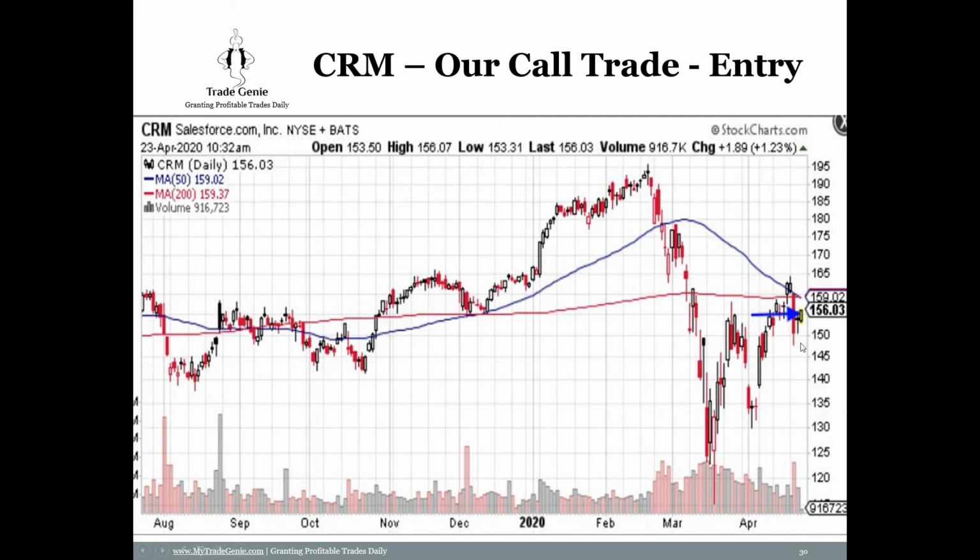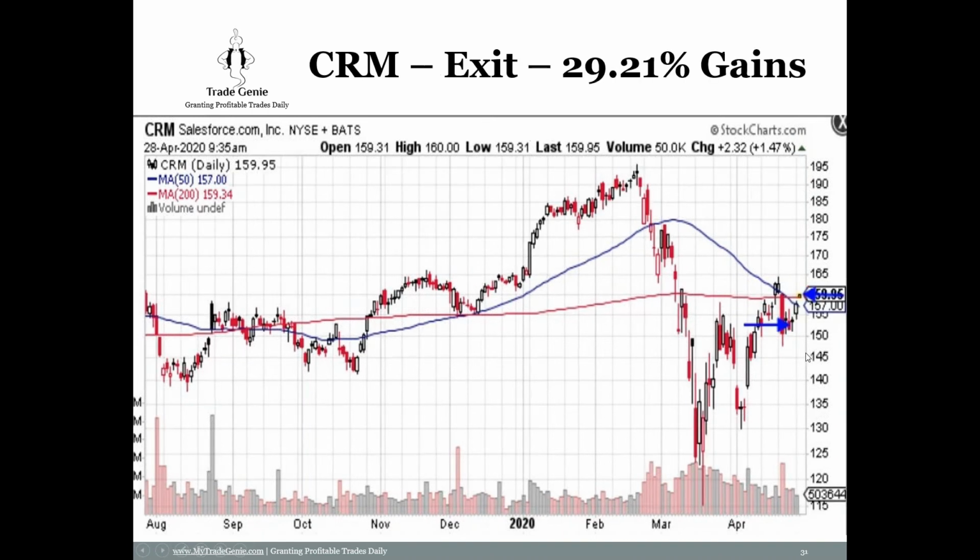You see here, it closed right at 150, so then it bounces up. So we bought the call, and the next day it gapped up right at the 200-day moving average, and we made 29% gains right there.